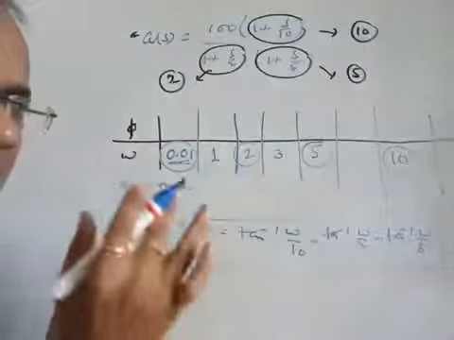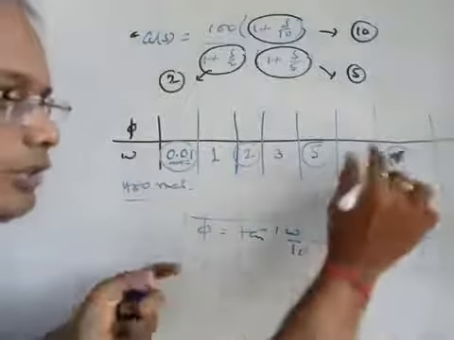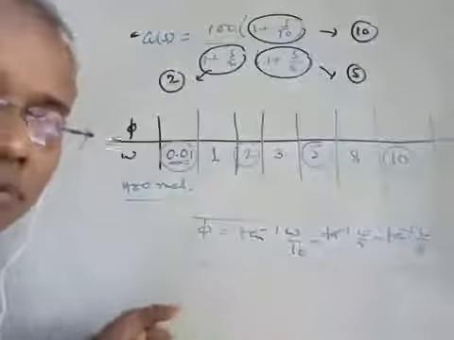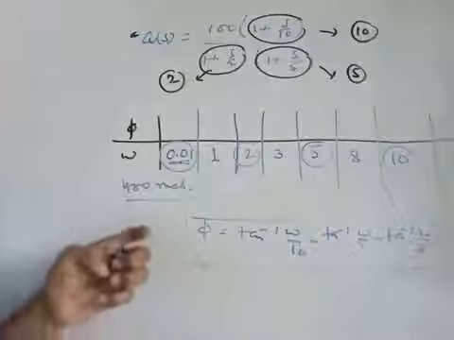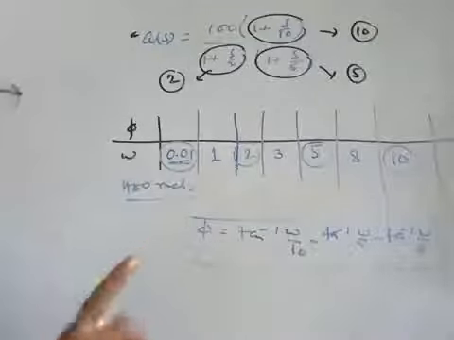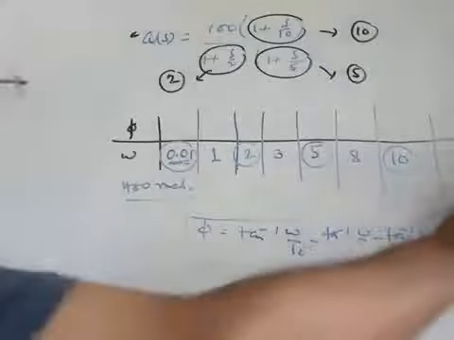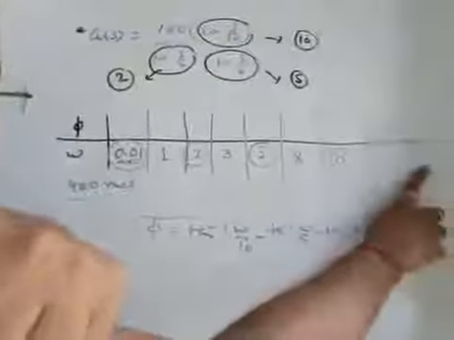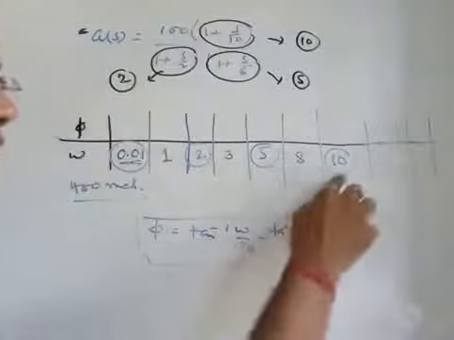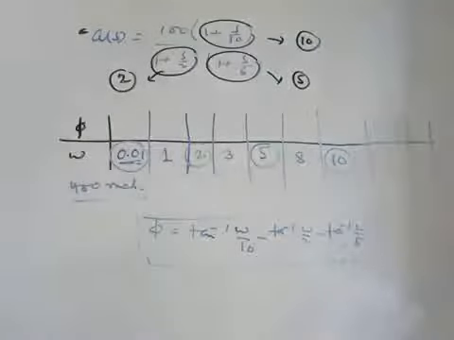Between 5 and 10 we can take 8, 7 or 6, whatever you feel. And one more thing is that we have to consider one last value at the end, which is 50 times the last corner frequency.